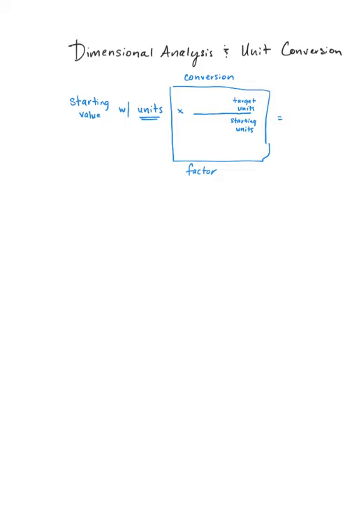By multiplying our starting value with its corresponding units by this conversion factor fraction, we end up with a new quantity that's got target units. New units that we desire.